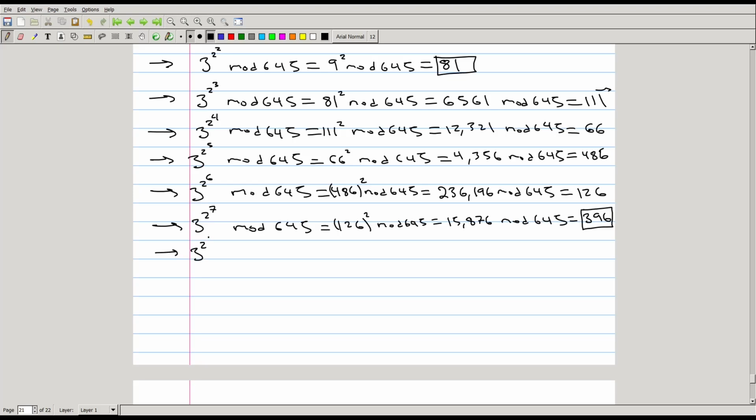And 3 to the 2 to the 8th mod 645 is equal to 396 squared mod 645, which is 156,816 mod 645, which is just 81.